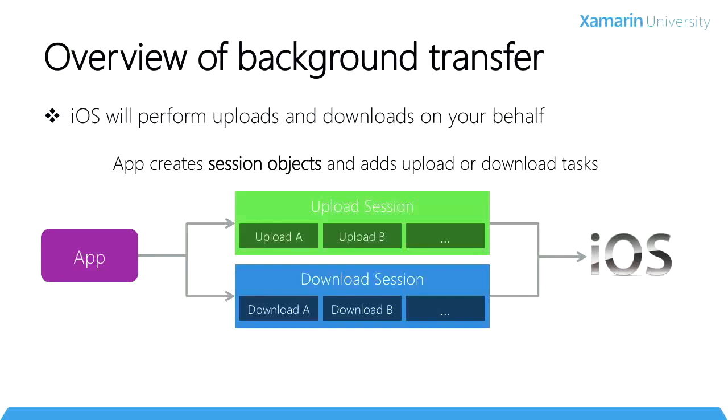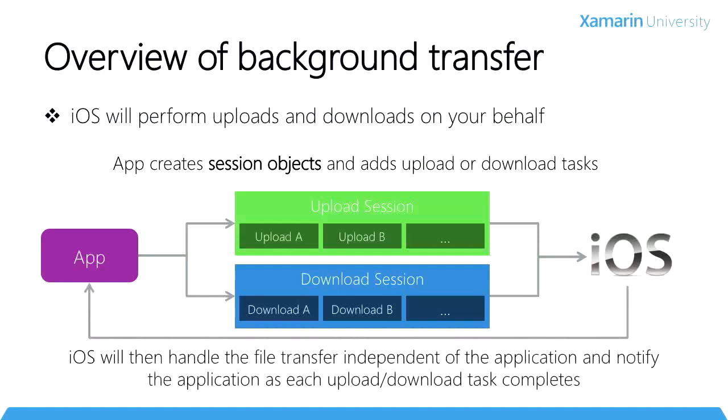This is optional, but that's the part that we discuss here today. Once iOS has completed the download, or the upload of course, it will call back to our application. And the nice thing here is not only will it call back if our application is backgrounded, it will also restart our application and then give us a callback.